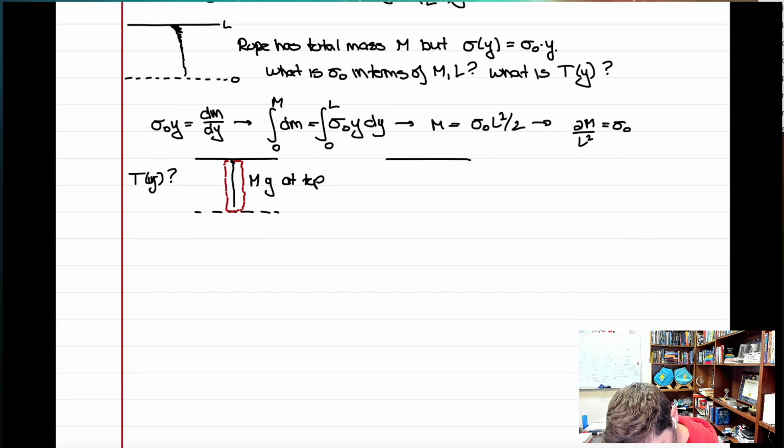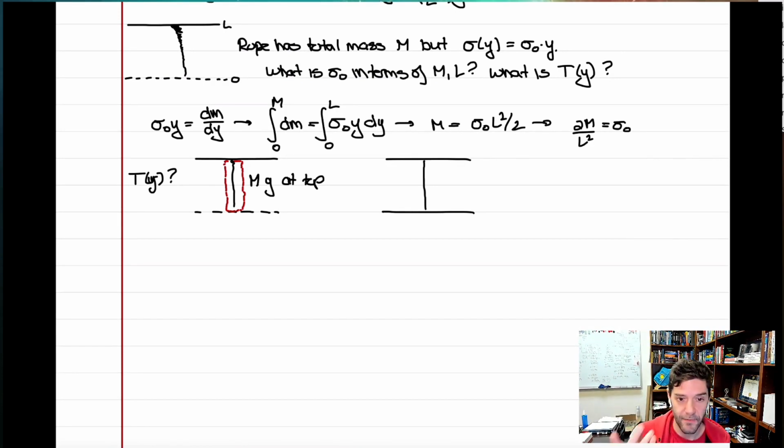Let me redraw. Here's the rope. Now I want to find a differential equation that allows me to solve to get tension as a function of y.